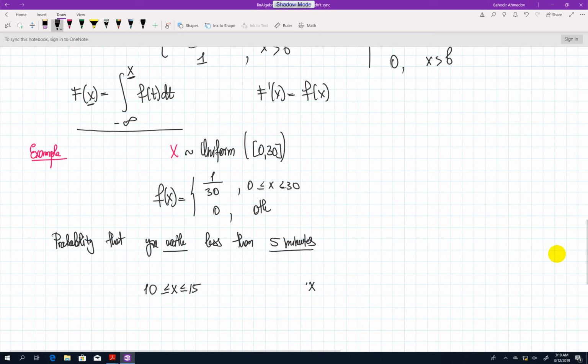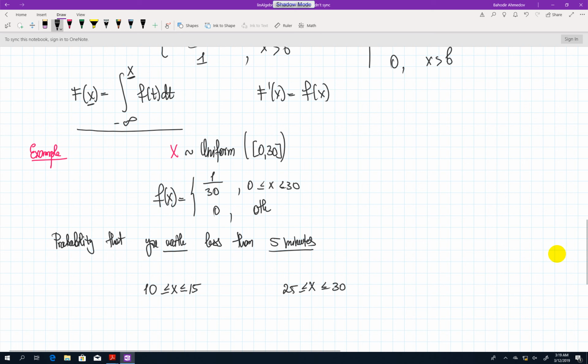And if you arrive between 25 and 30, you also wait less than 5 minutes, right? So we can rephrase our question, right? Instead of asking what is the probability that you're going to wait less than 5 minutes for the next bus, we can ask what is the probability that your arrival time is between 10 and 15 or 25 and 30? These three questions are equivalent, right?